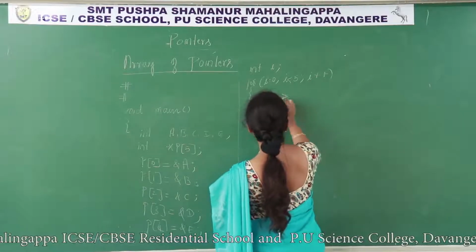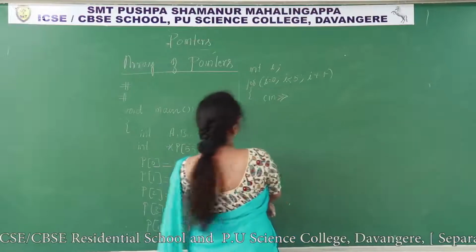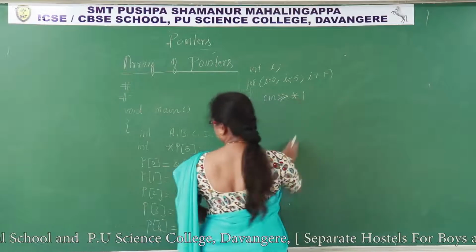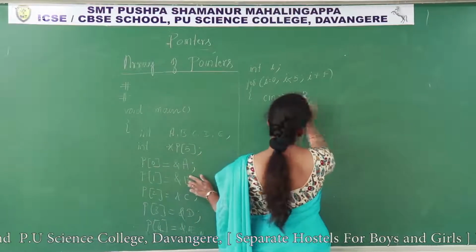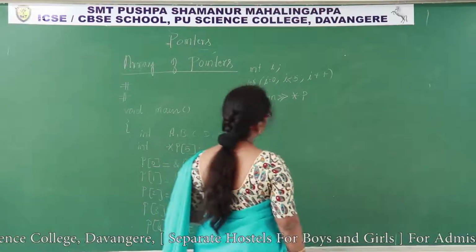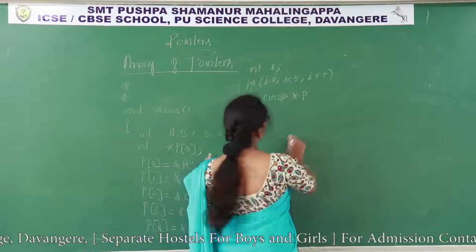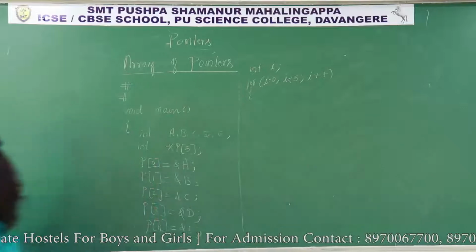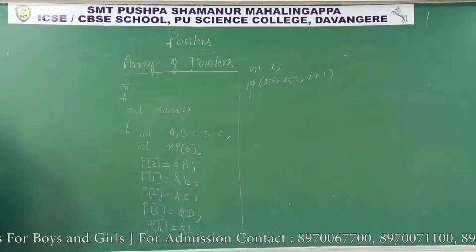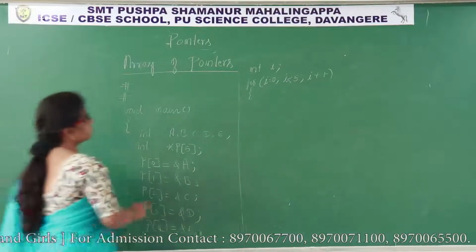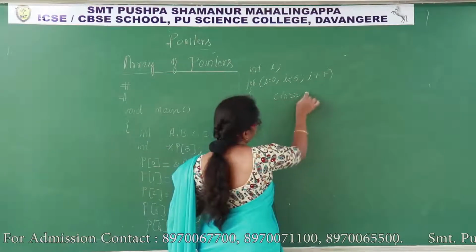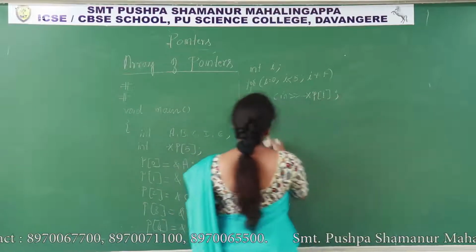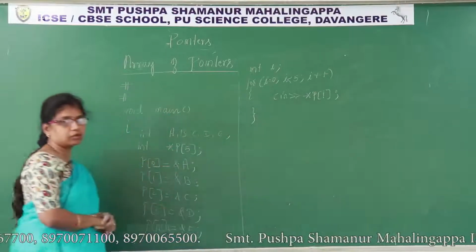C in extraction, star P. I can write it like this, star P of I. What is there in P of I?